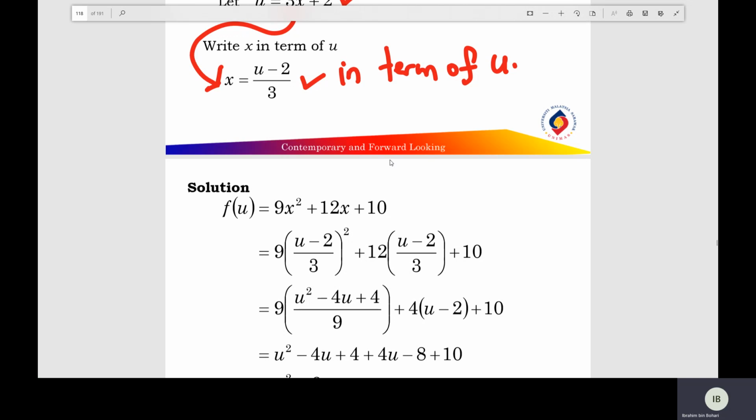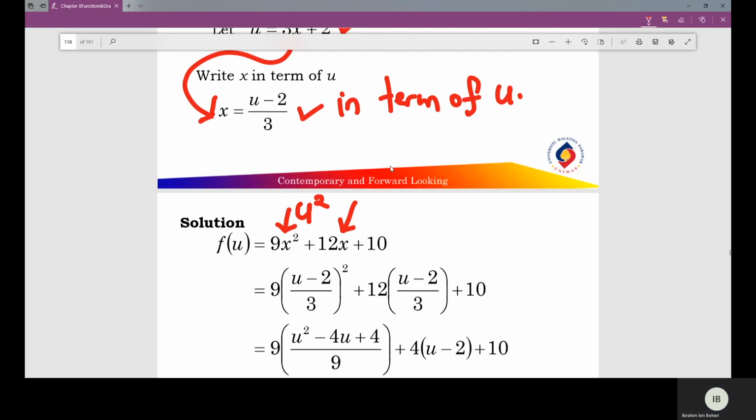So f(u) equals 9u squared plus 12u plus 10. So you replace the x with u. Here is 9u squared, and here 12x and then plus 10. So the value of x here equals u minus 2 over 3.